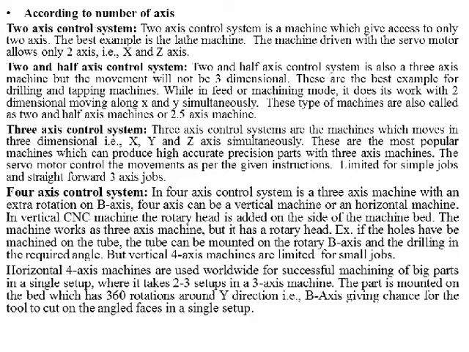So the workpiece will be mounted on the bed, which will have a 360-degree rotation around the Y direction, and hence it gives a chance for the tool to cut on any angled faces in a single setup. So 4-axis control machines are of 2 types: vertical CNC machines or horizontal 4-axis machines.